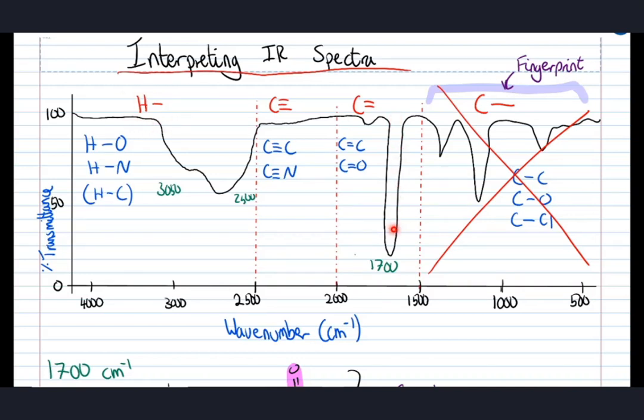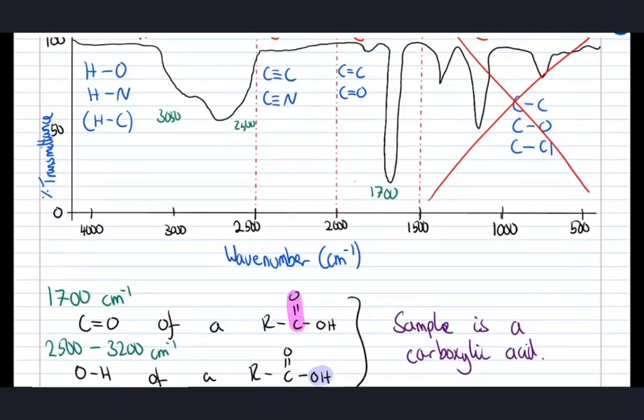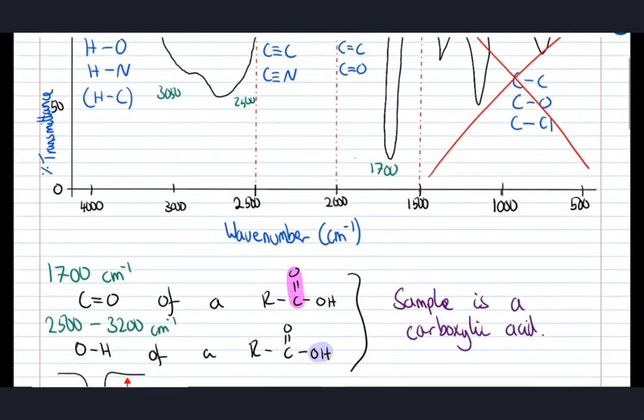Are those peaks strong or are those peaks broad? If they are, tell your examiner, let them know that you know that they are a strong peak or a broad peak. Use the technical language. And then be able to determine, based upon the area where the peak is, using your data sheet, what that might signify, and then make a deduction about your molecule.